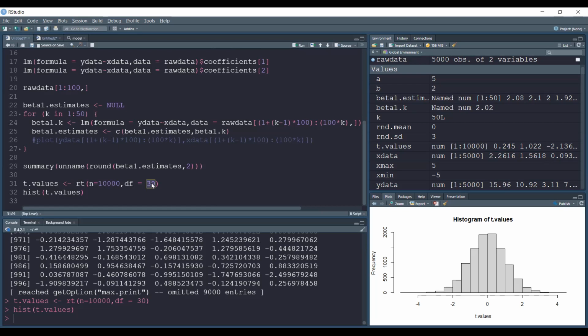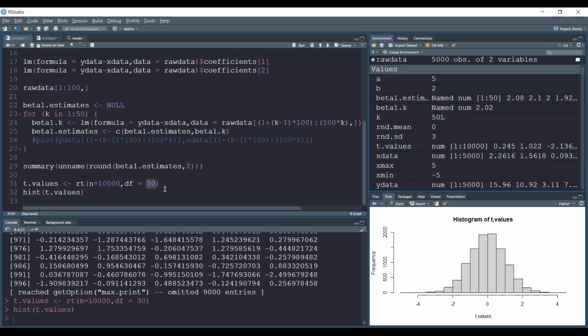It's the same situation with certain probability distributions: if you keep increasing the degrees of freedom, the closer it gets to resembling a normal distribution.